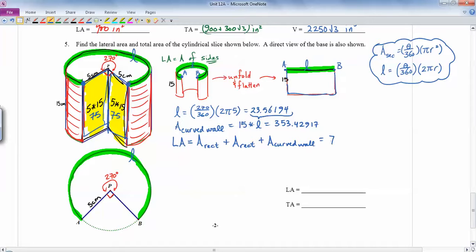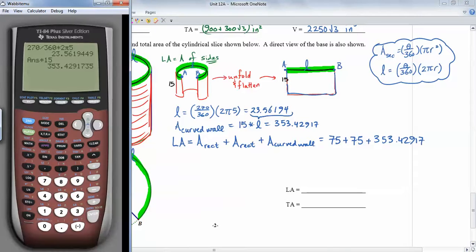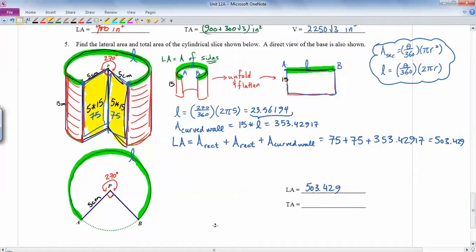So it's going to be 75 plus 75 plus the 353. And so if I add those, we get 503.429. Since we're working in centimeters, area is going to be centimeters squared.